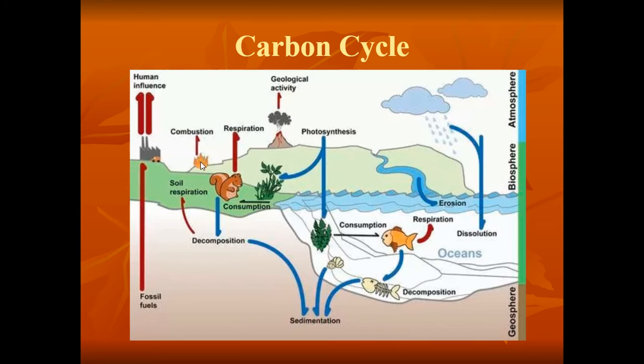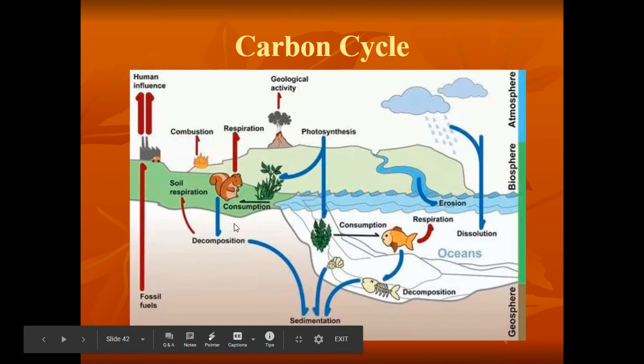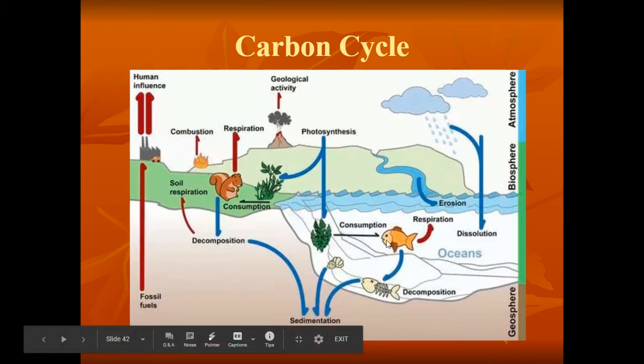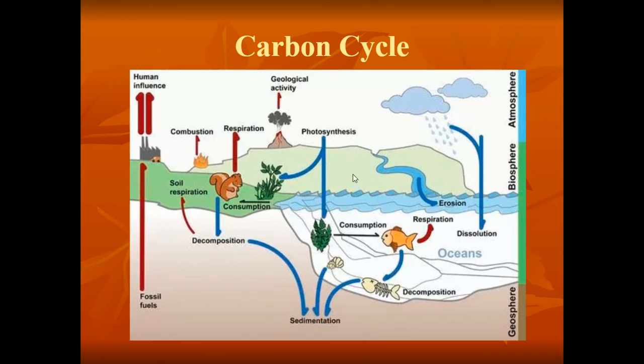We also burn stuff and do stuff in factories to make carbon dioxide too, as well as we have things like volcanoes. We also have decomposition, or like sediment of some carbon in waste and stuff that goes into the soil too. But overall, that's what the carbon cycle is all about. Okay.